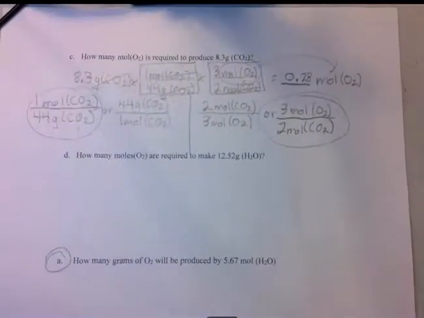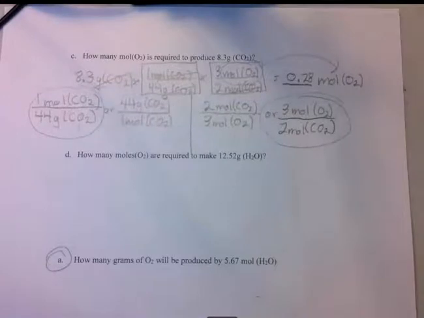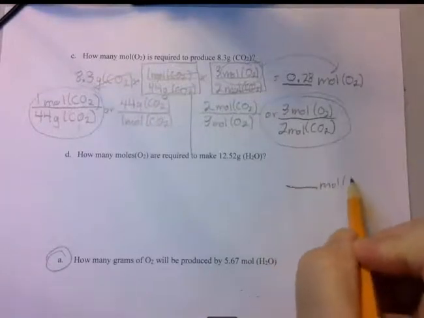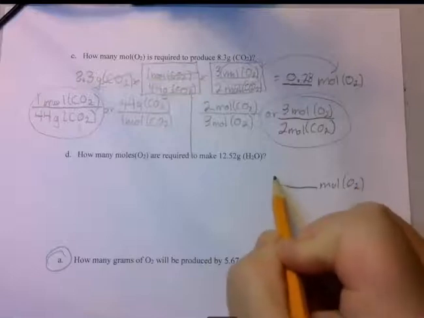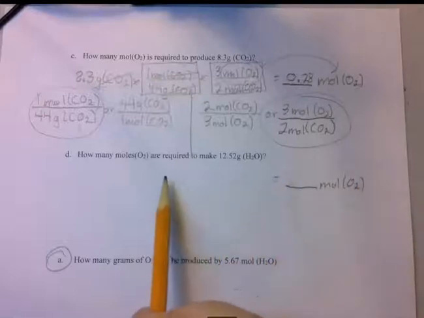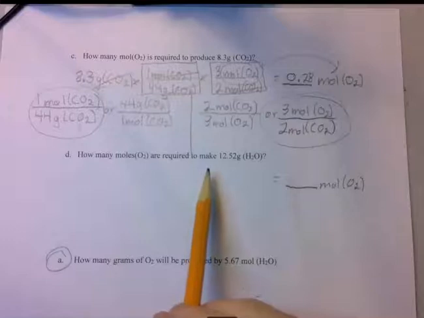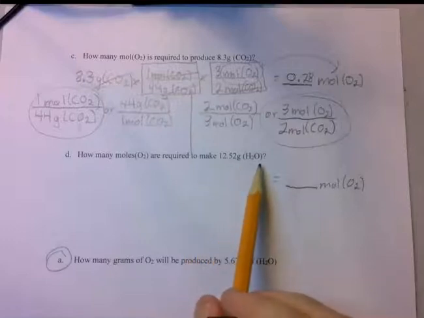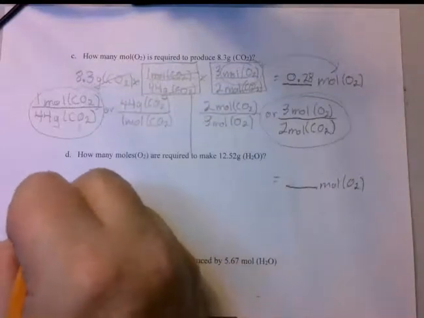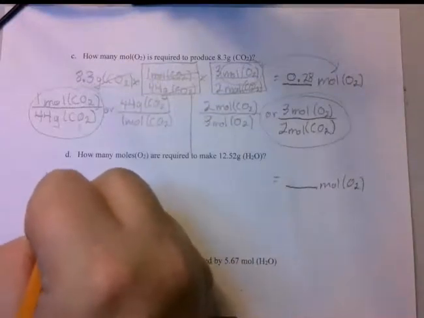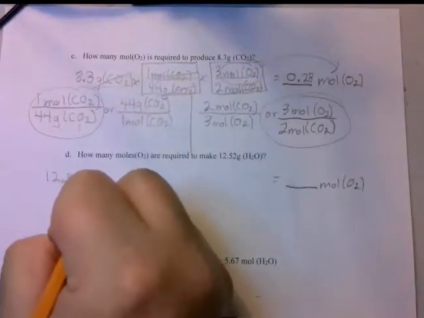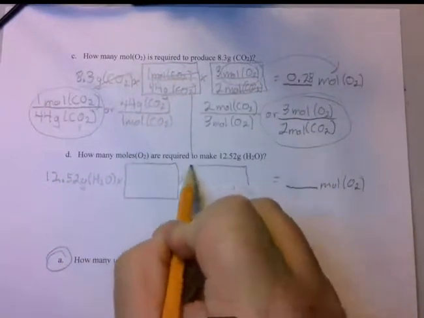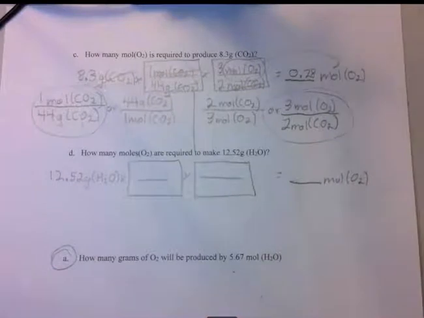Okay, so how many moles of O2, so I need to come way over here, are required to make 12.52 grams of H2O. So way over here I have what I know, 12.52 grams. Okay, so let's come back to our organizer.